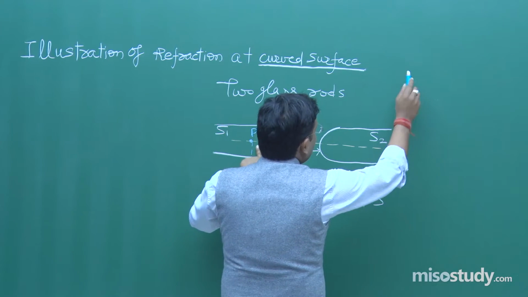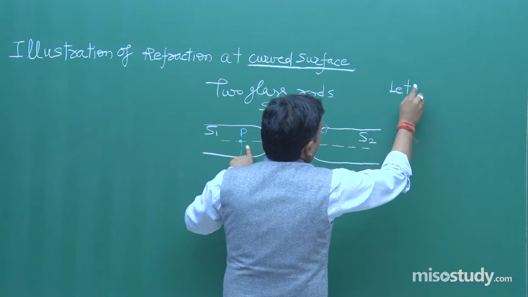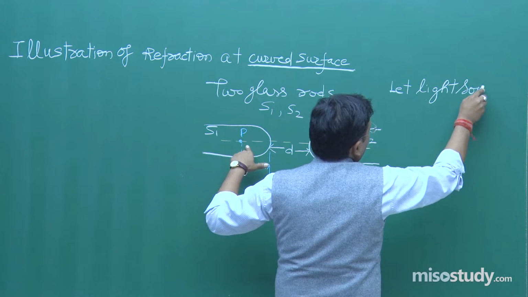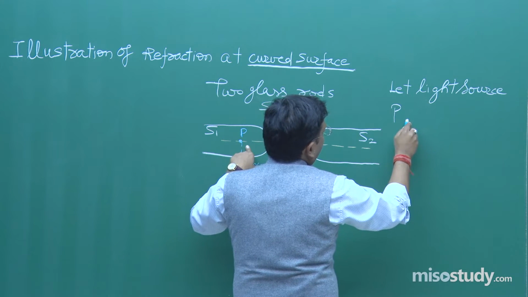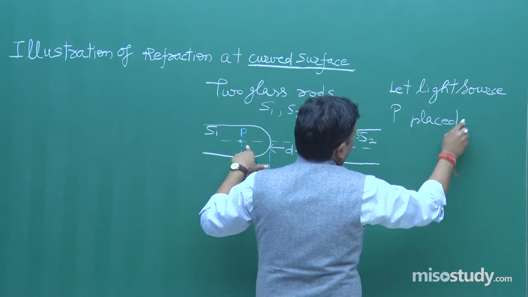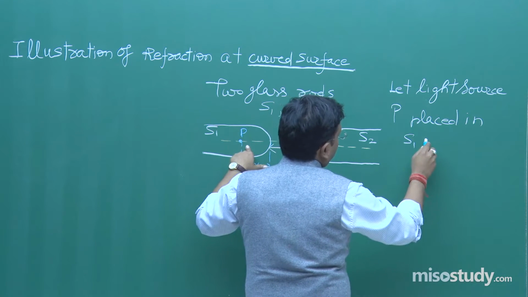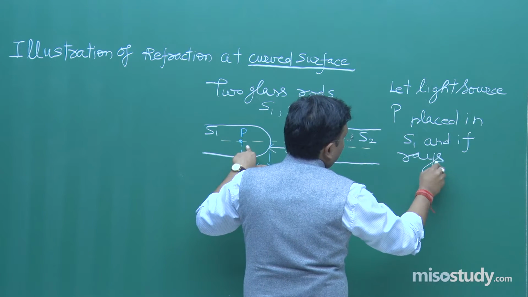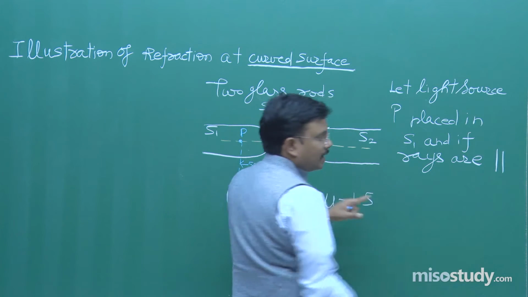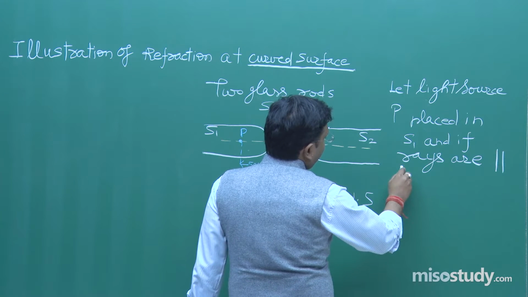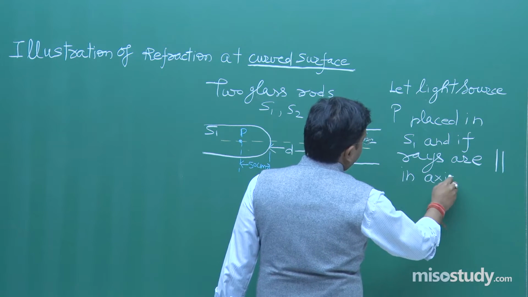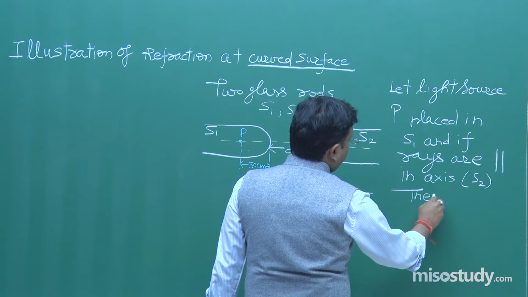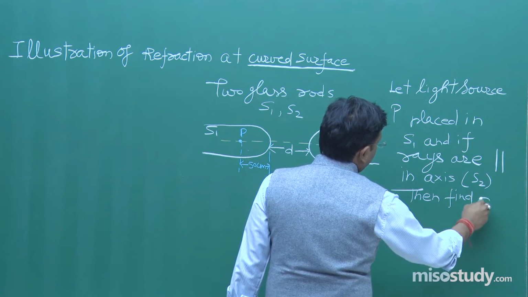Statement: let a point light source P be placed in S1, and if rays are parallel to the axis in S2, then find d.